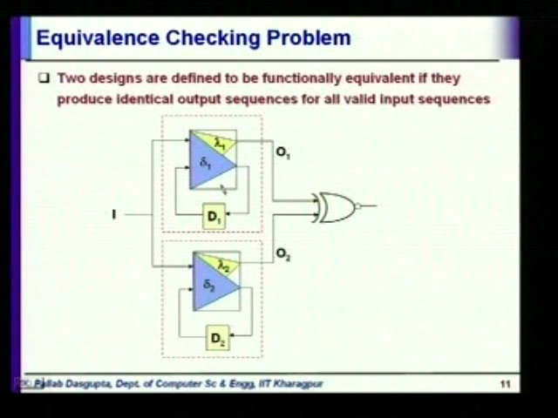In sequential equivalence checking you have to traverse the state space of the design, whereas in combinational equivalence checking you just compare two Boolean functions, right? So if we could solve the problem by combinational equivalence checking between these two combinational logics, that's the ideal scenario. But the problem there is that you need to know which flop here corresponds to which flop here. You need to know the mapping between the delay elements. If that is known, then it's easy.